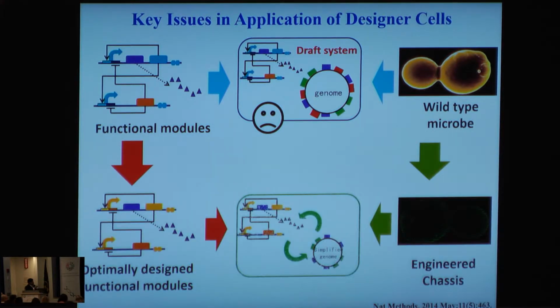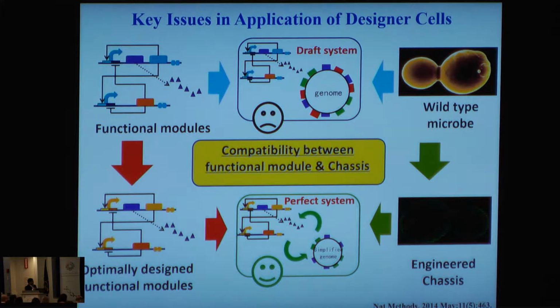One is to optimize the functional module, and the other is to engineer the chassis. That's why we have such great interest in this project. By optimizing this and re-engineering, redesigning, and reconstructing the chassis, we can get a perfect system. That's why we have spent so much effort on this project.